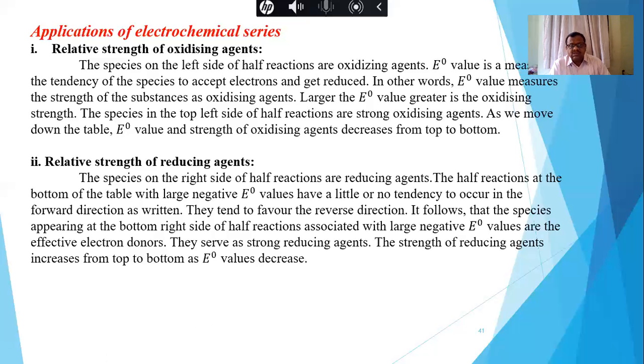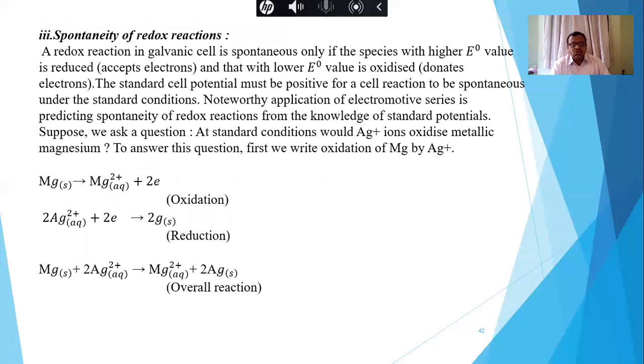Now the third application, which is called spontaneity of redox reaction.